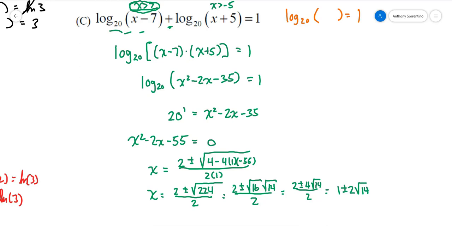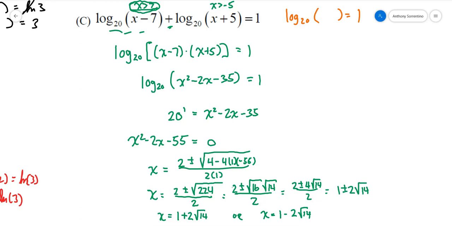So I do have two values here. x equals 1 plus 2 times the square root of 14, or x equals 1 minus 2 times the square root of 14. And these are the exact numbers.